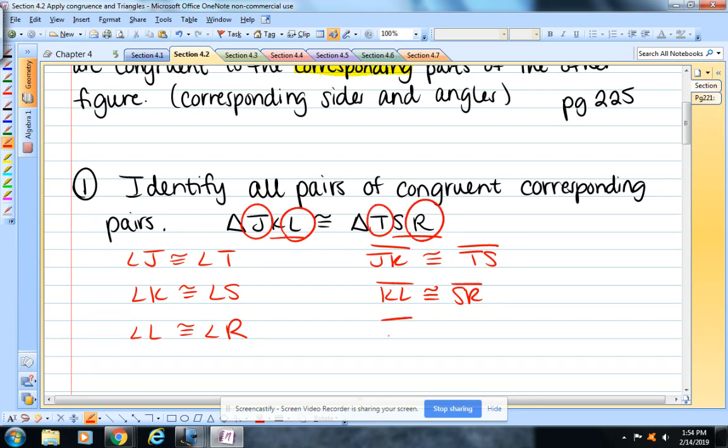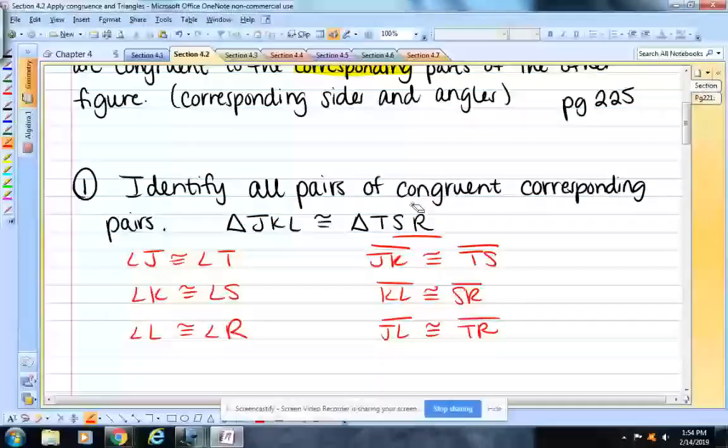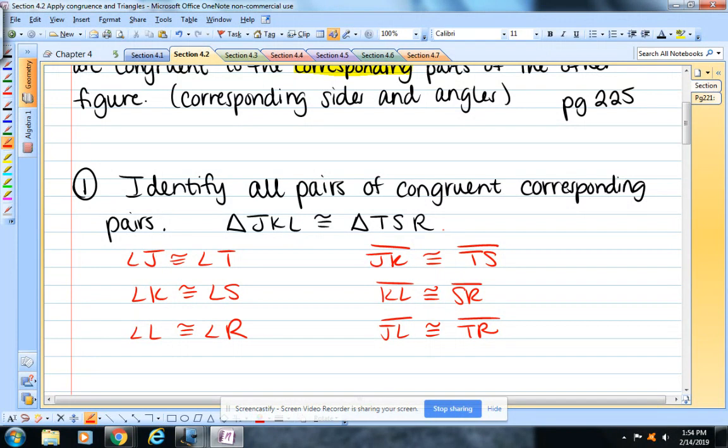So segment JL is congruent to segment what? TR. Does that make sense? So I'll show you the little finger dance without my red marking everywhere. For the segments, these 2 are congruent to these 2, these 2 to these 2, and then first and last. Right? And angles exactly match up.